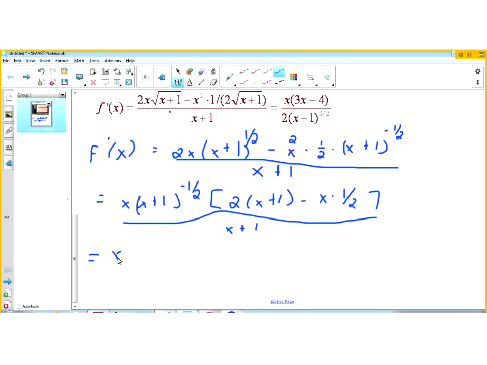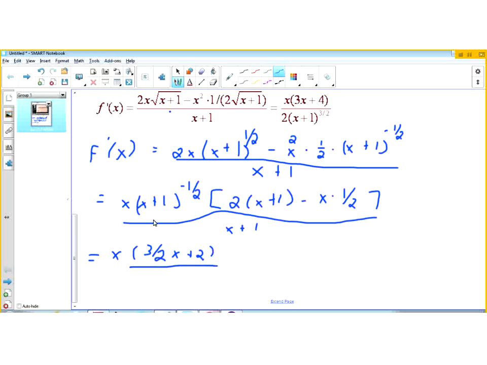And then we'll have x times 2x minus 1/2 x, so that would be 3/2 x, plus 2.